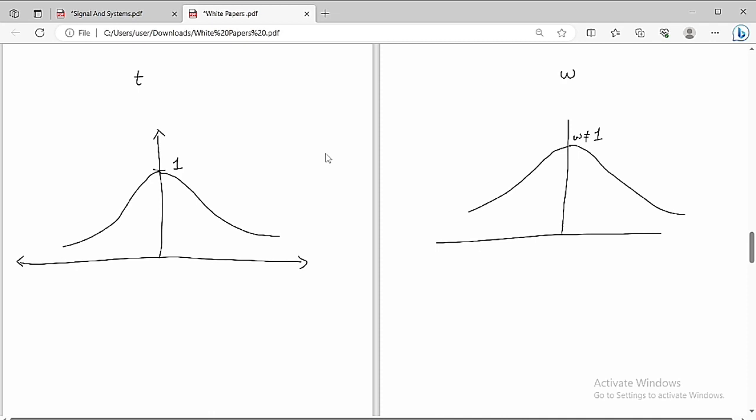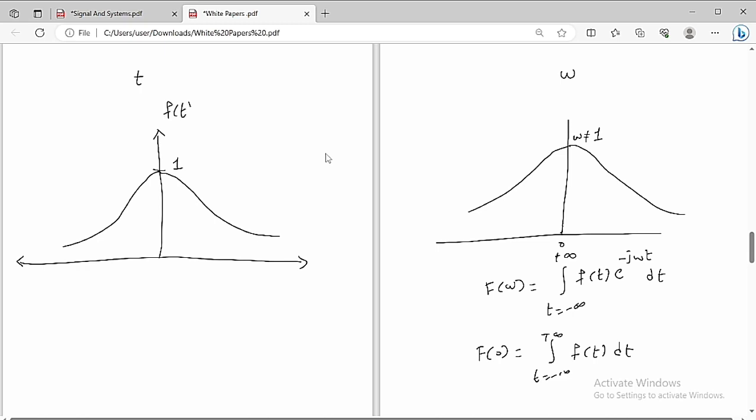So what is this value? F of omega is equal to the integral from t equals minus infinity to plus infinity of f of t into e to the power of minus j omega t dt. In place of omega, I substitute 0. So F of 0 is equal to the integral from minus infinity to plus infinity of f of t dt.